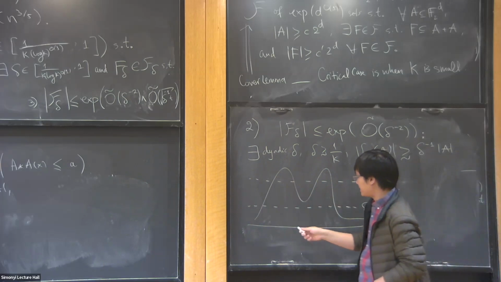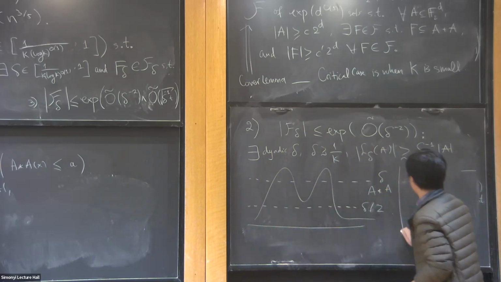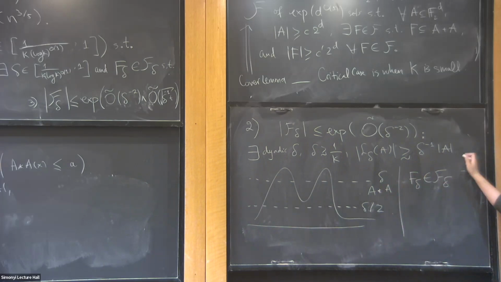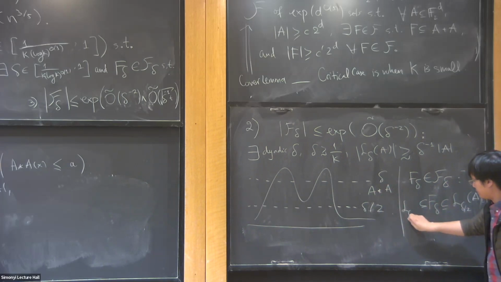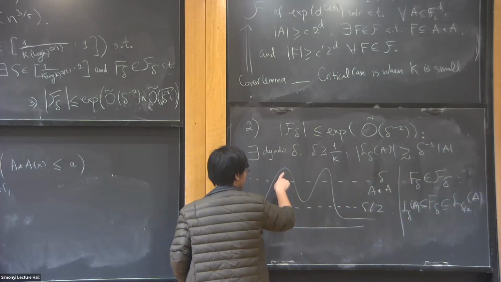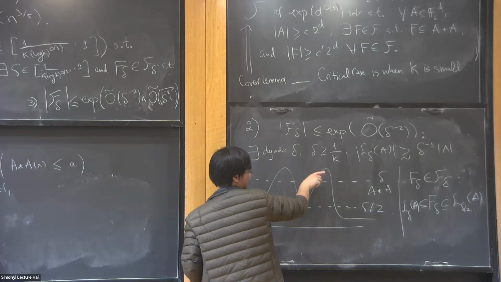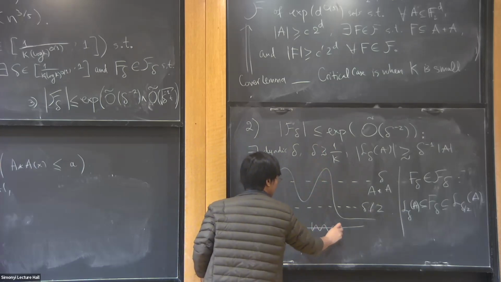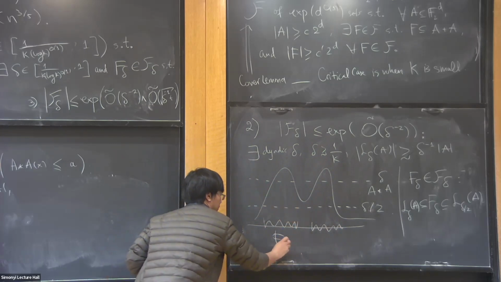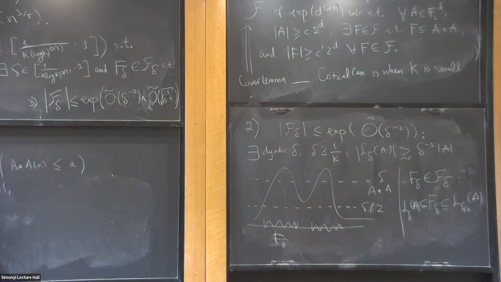And our constructed set F will satisfy the property that for this F delta that we put into this cover, it will be sandwiched between the level set delta over 2 and the level set delta. Okay, so our set F has to contain all of the elements that are in the level set above delta. And it further fits inside the delta over 2 level set.